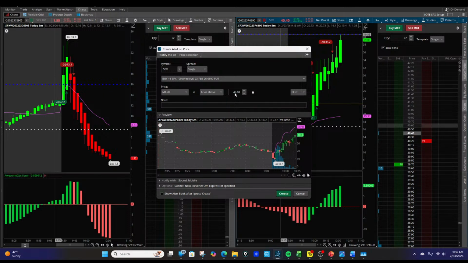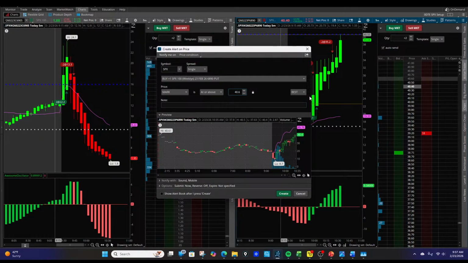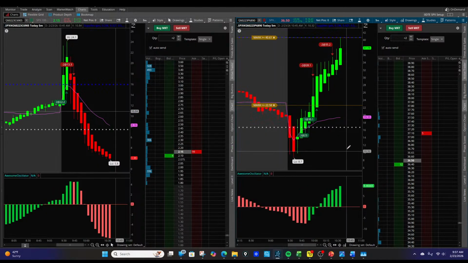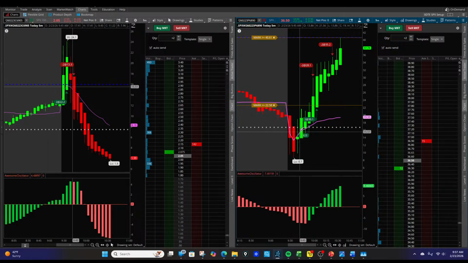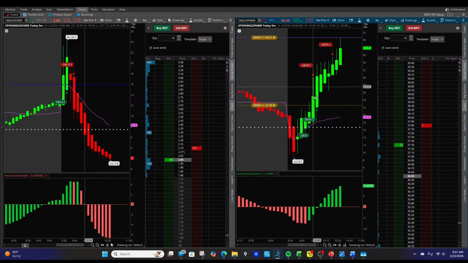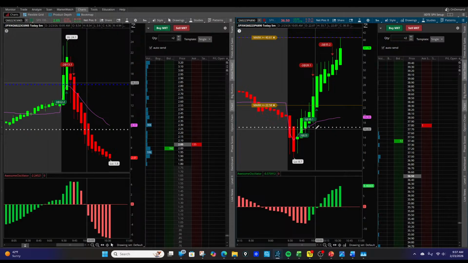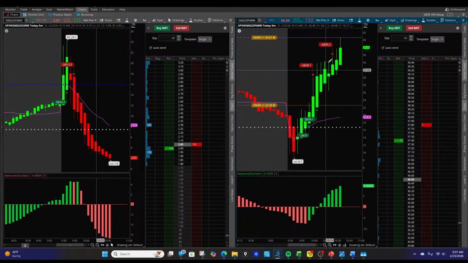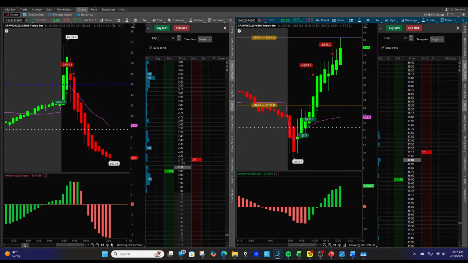But it might very well bounce off that, because it is like a ceiling. Think of these as the floor and then the ceiling. And so, of course, the idea of buying low and selling high, that's where that comes in, I guess.